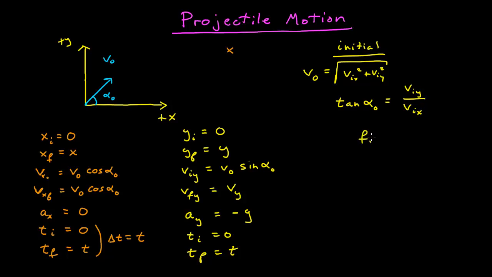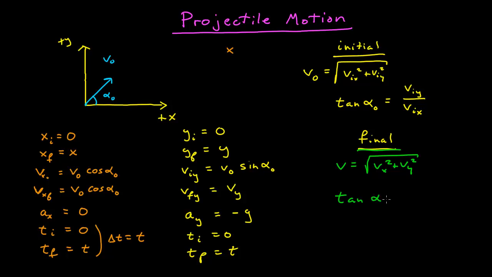We also know things at the final time. Our final speed is the square root of vx squared plus vy squared, where vx is the same as the initial.